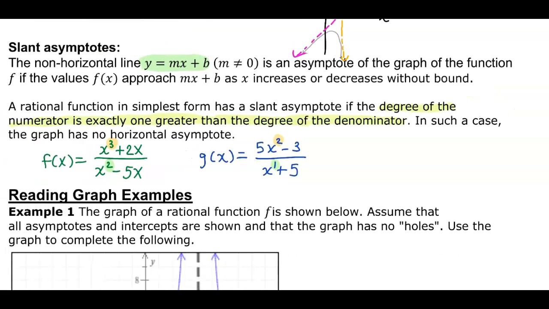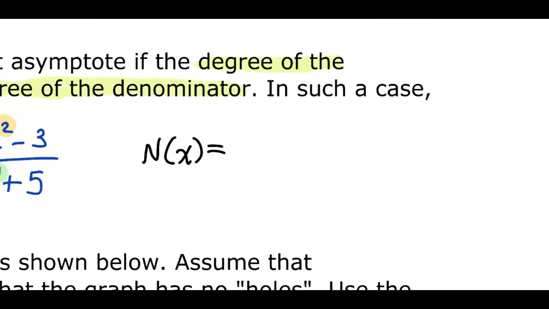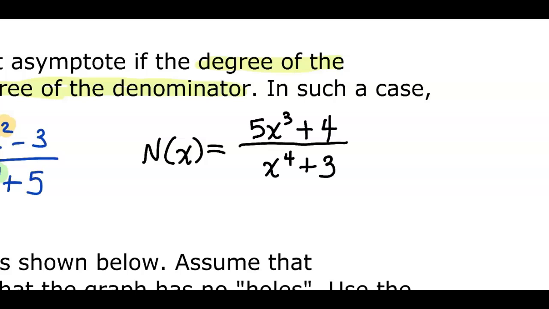But how about this one? N of x, for no slant asymptote. If you have a function that looks like this, 5x cubed plus 4 over x to the fourth power plus 3, just made it up. Look at the degrees. The top degree is 3. The denominator is 4. You see how this function will not have a slant asymptote because the degree of the numerator is not bigger than the degree of the denominator.